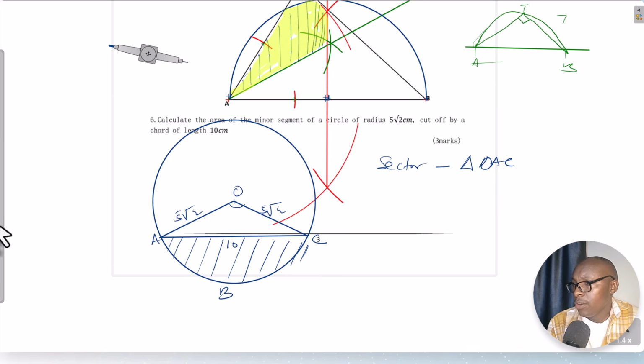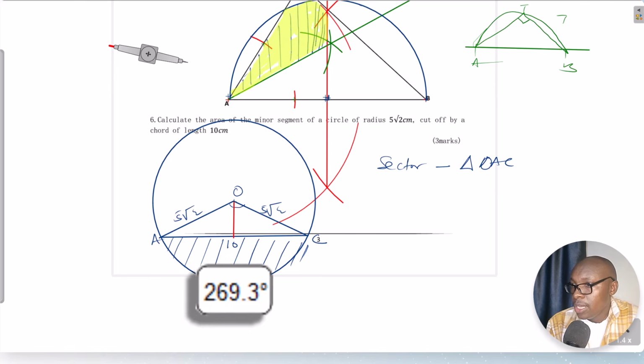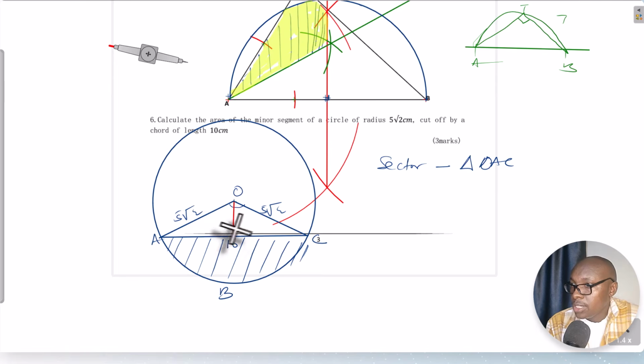So for the area of the sector, we need this angle that is here. How do we get that angle? We will simply drop a perpendicular from this, and this will meet this line here at 90. So this will be 5, dividing this one into 2, 5, 5. Once we get this angle, we simply multiply it by 2. Because this is a right angle triangle, use trig ratios. Sine of theta is equal to the opposite divided by the hypotenuse, 5√2.